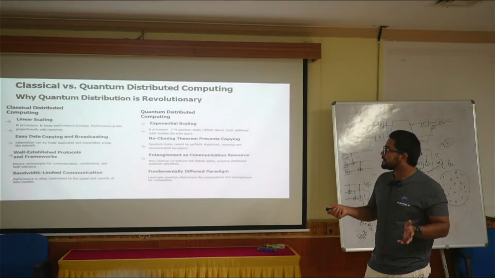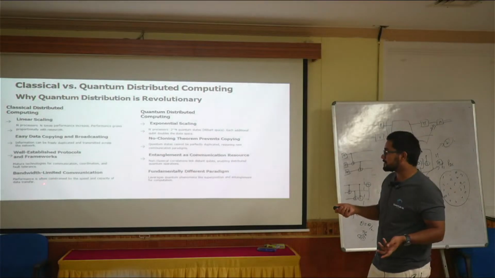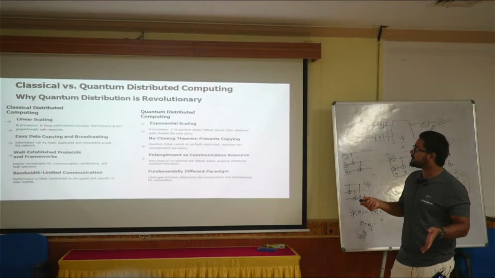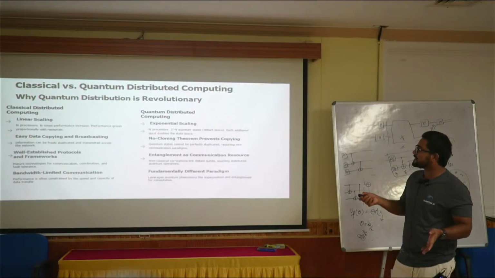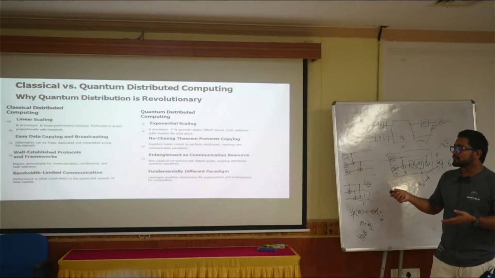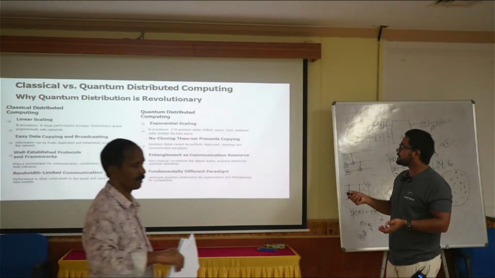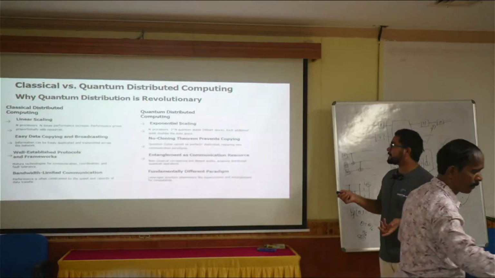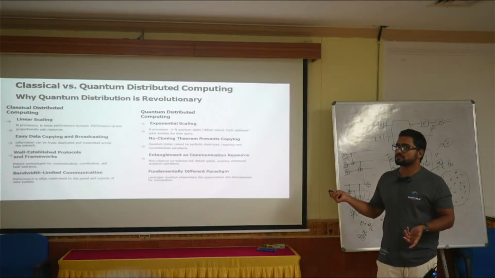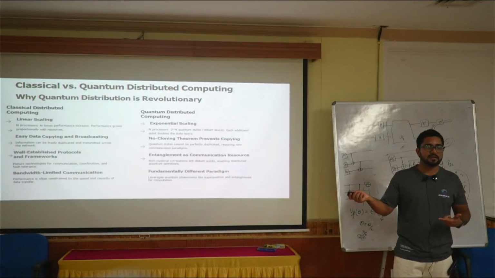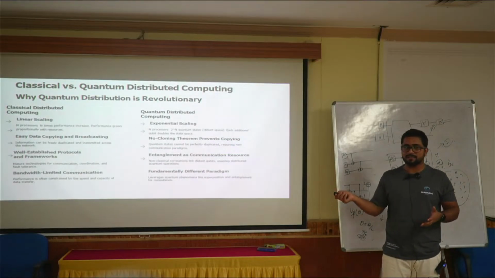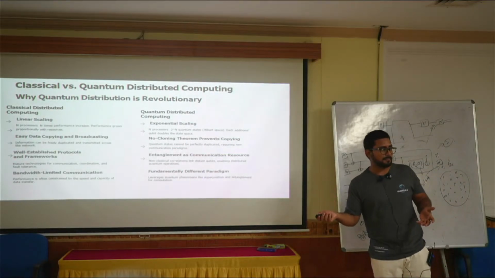Communication is bandwidth limited, that's also true. But in quantum distributed computing there will be exponential scaling: here it is n times the performance, but there 2 to the power n times. So again, this is an exponential speedup in scaling. The no-cloning theorem prevents copying, as we discussed, and entanglement serves as the communication resource. So we cannot connect directly; entanglement is required, and it is a fundamentally different paradigm from classical computation.